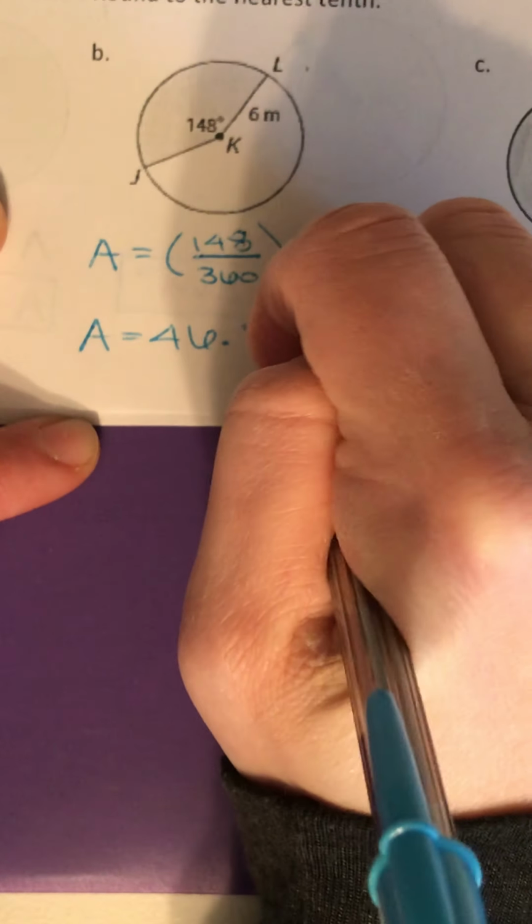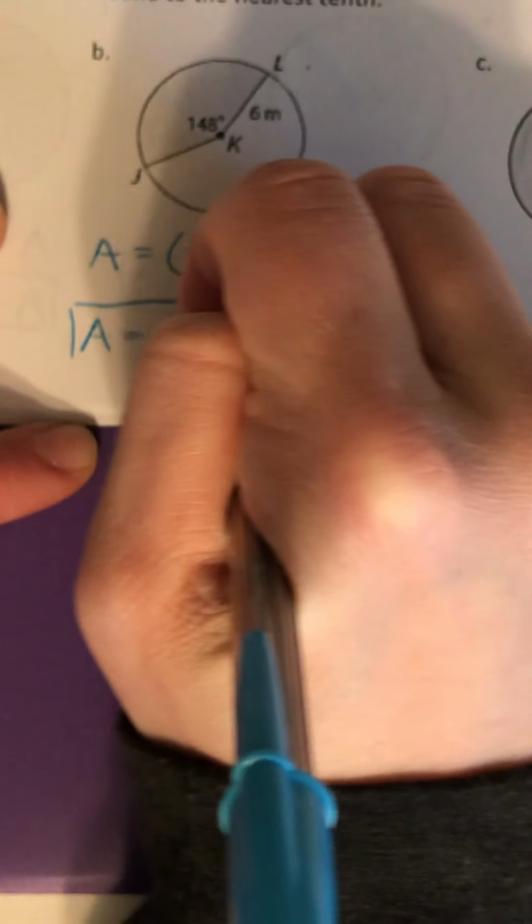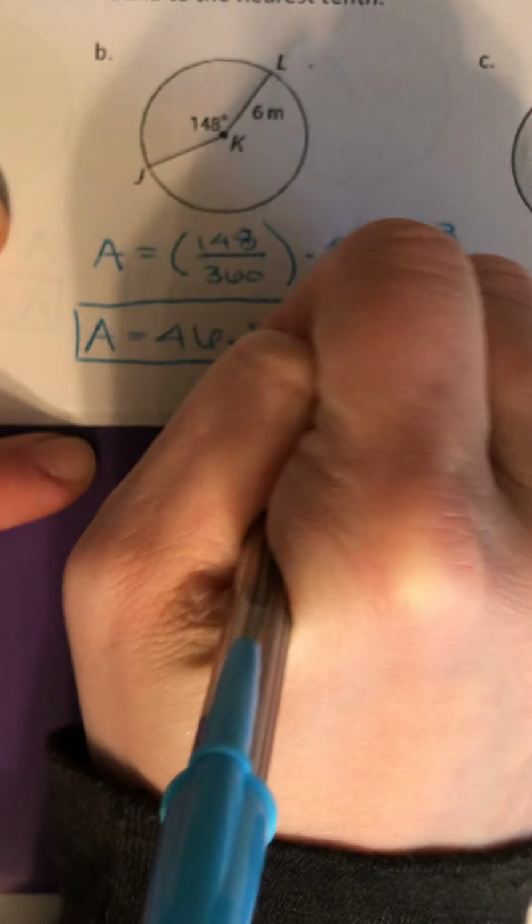And it's meters. So in order to find what your units are, make sure you look at your radius.